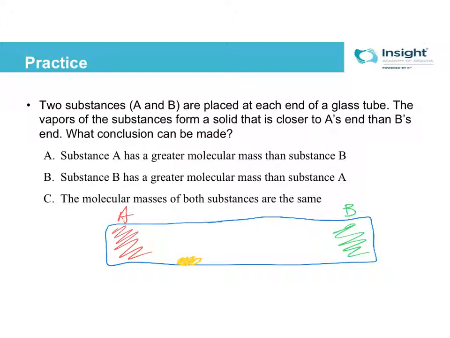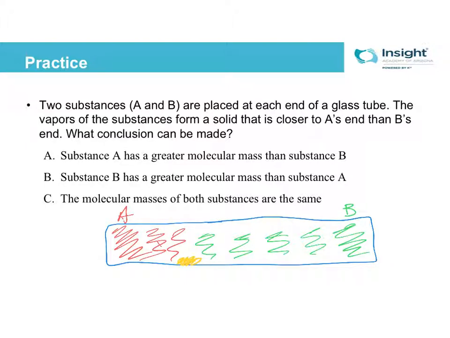Think about this. From our graph on the last slide, as molecular mass goes up, speed goes down. It takes more time for the gas to travel. So which one of these gases is faster? B is traveling to here, and A is traveling to there, so which one is moving faster?